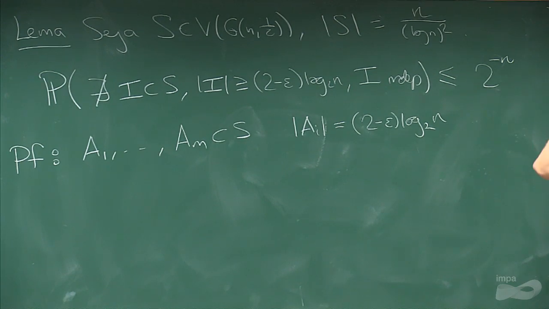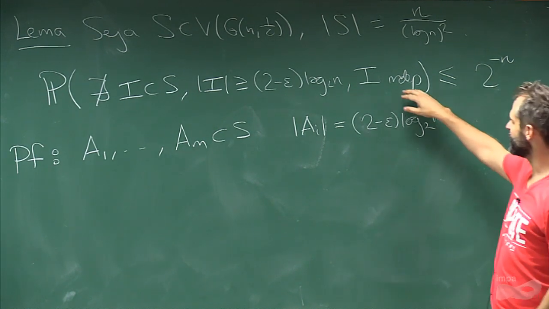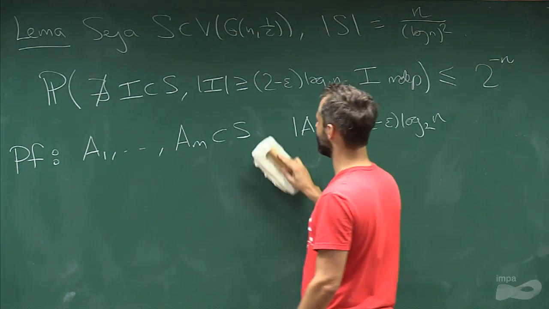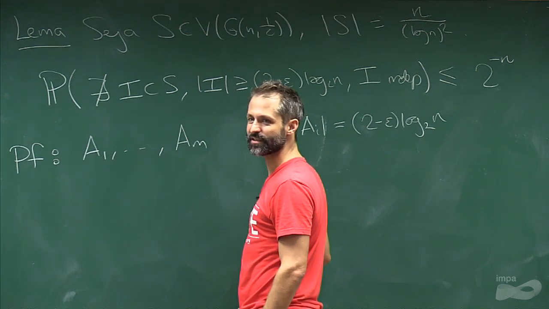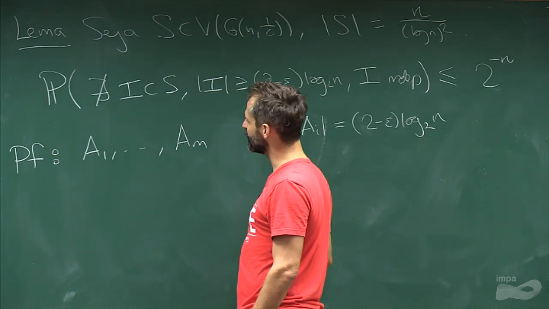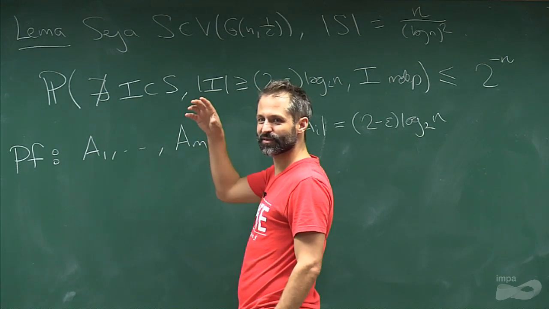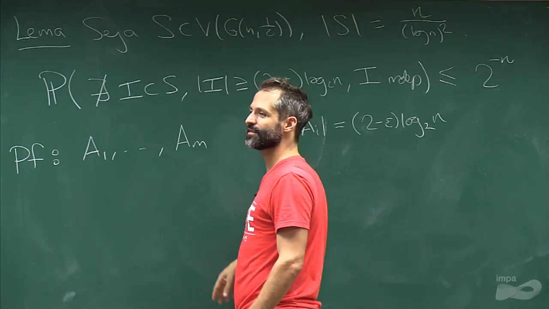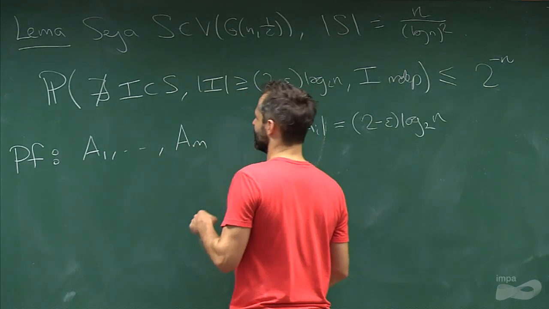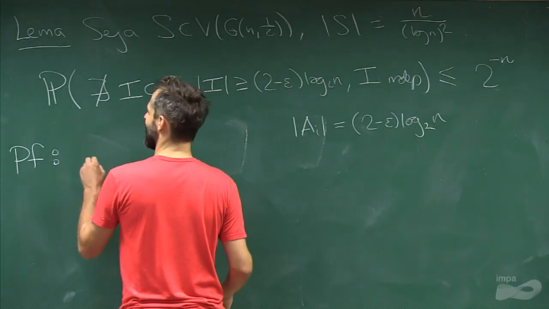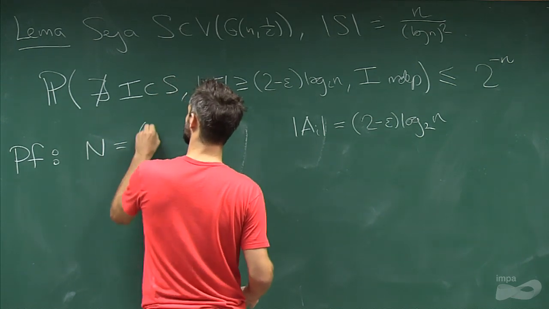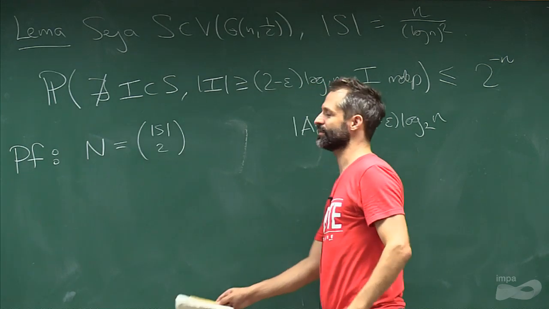Right, and what is R? So we want I to be independent. So these are really not subsets of S, talking nonsense. They're cliques in the complete graph on S. So what's N? N is the size of S, choose 2.